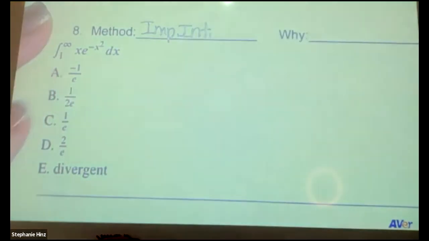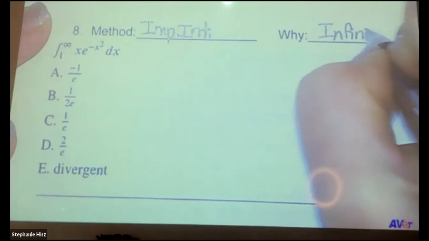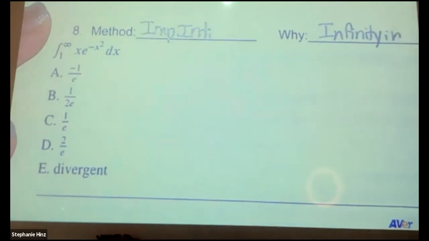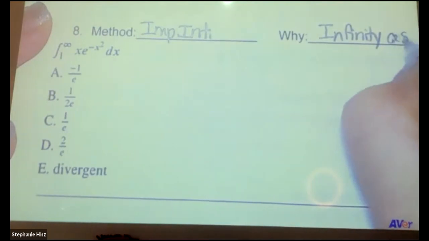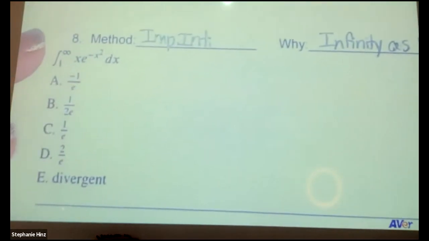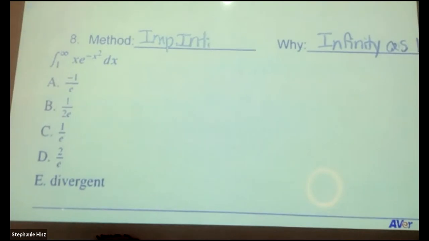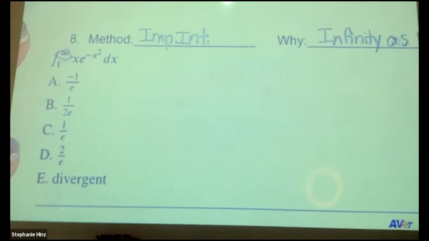Why is this an improper integral? Well, we have infinity as a limit of integration. So if we have infinity as a limit of integration, we can rewrite this. All right, so this is the top one that has the issue. So it's my habit, because I usually use b on the top.